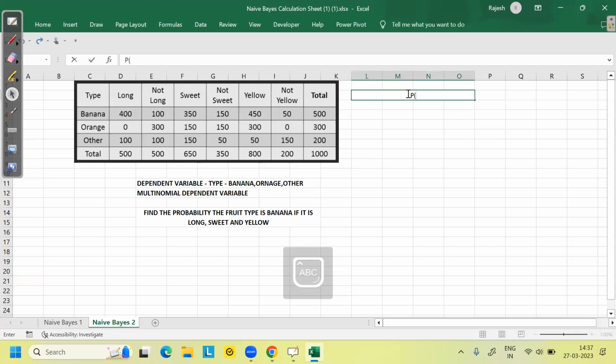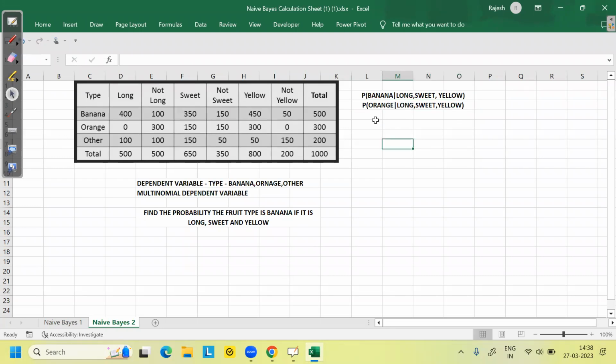One, the probability that the fruit is banana, given it is long, sweet, and yellow. We also have to calculate the probability of orange, and the third, probability of the fruit being other. Whichever has the highest probability will be the final answer. So let us calculate the first probability.